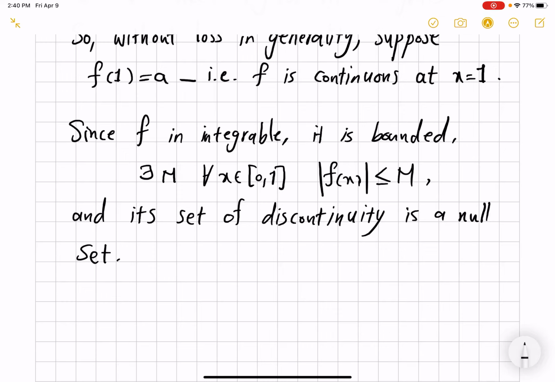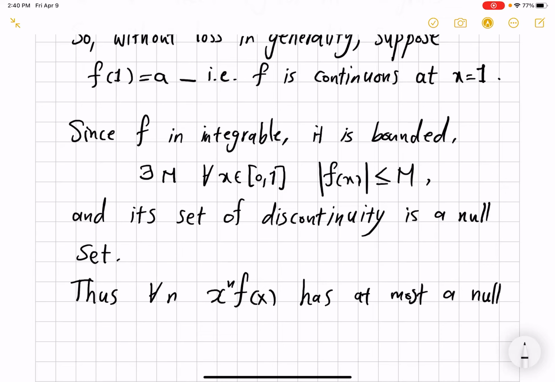Now, taking the other direction of that theorem, we conclude that for every n, x^n f(x) has at most a null set of discontinuities.